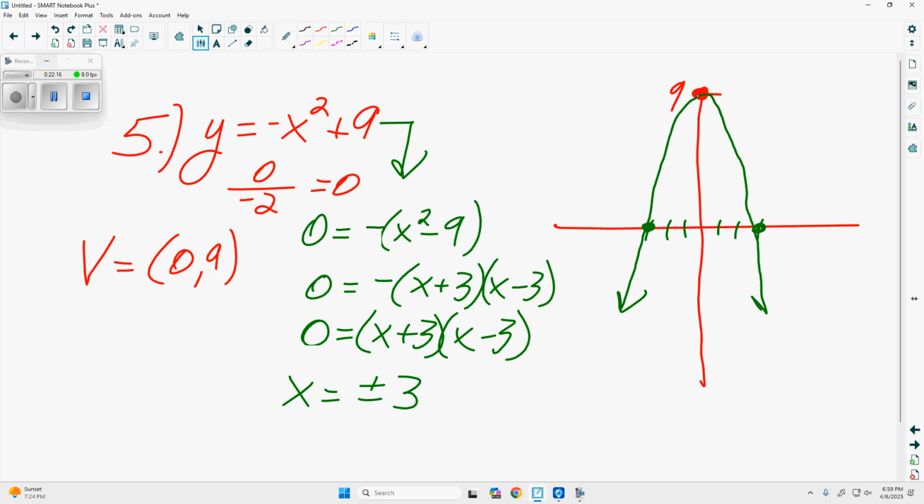And that guy is opening down, it took care of itself, even though we divided by negative 1. That's all good because the whole vertex thing took care of that, right? Way up there at 9 up. And then 3 left and 3 right again. Interesting.